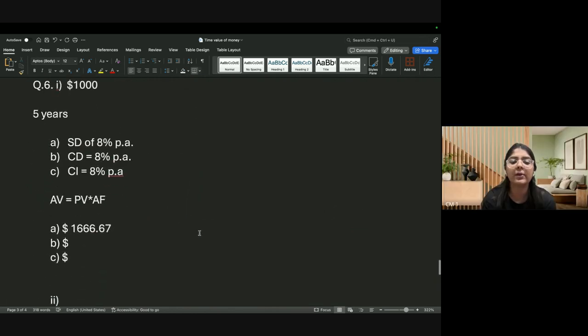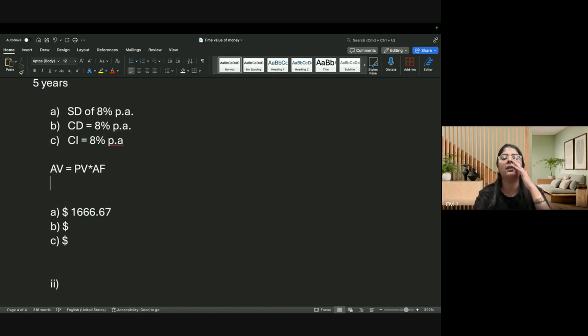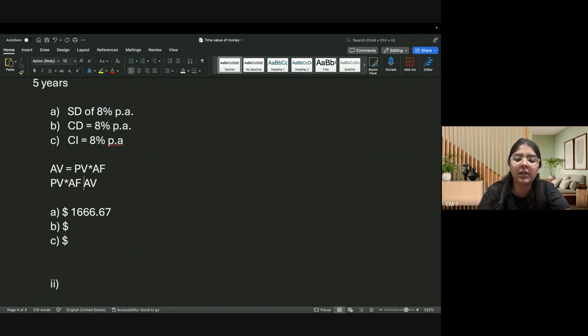So maybe what you can do if you don't understand it in that manner, you can start with seeing that you have been given the present value, and you want to calculate the accumulated value. So how will you do that? You have to use the accumulation factor for this. Now, for the accumulation factor for simple discount, suppose you don't know what to multiply here.